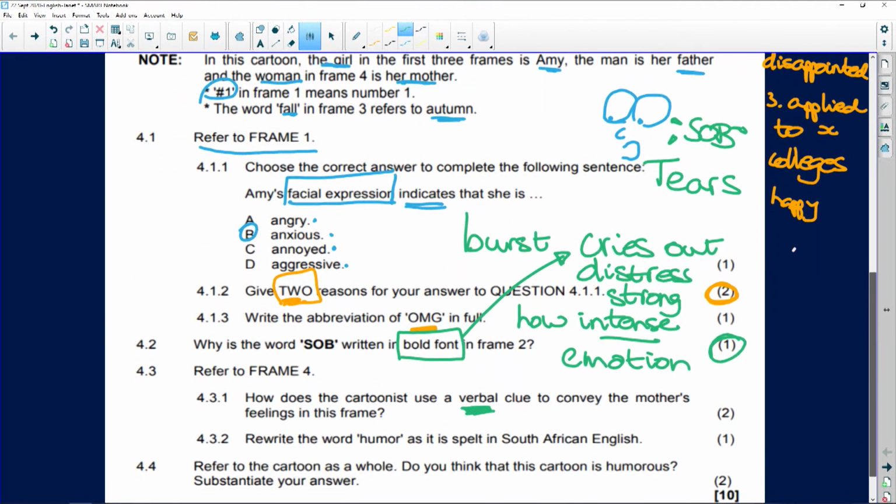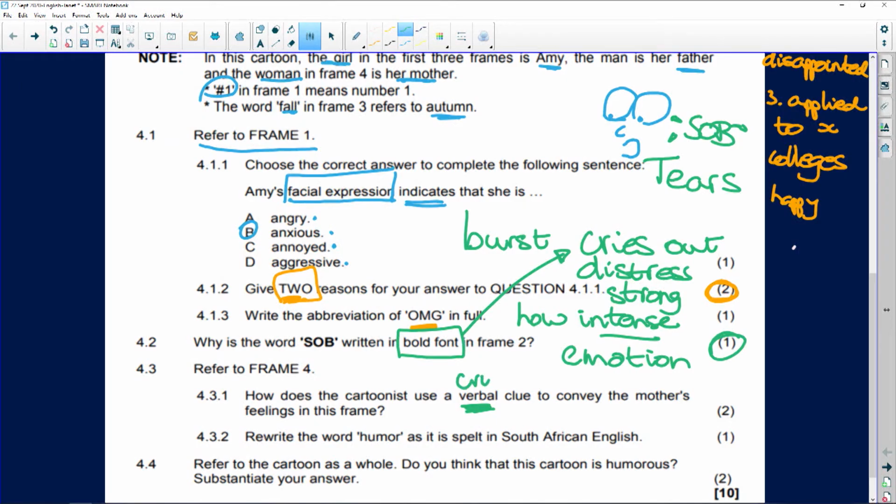So the verbal clue is cruel. What does that tell us? That she feels that the admission staff are unkind, they are nasty, they torture the student by starting with "we regret." So how is the mother feeling?